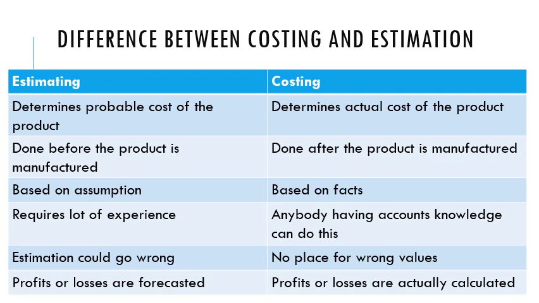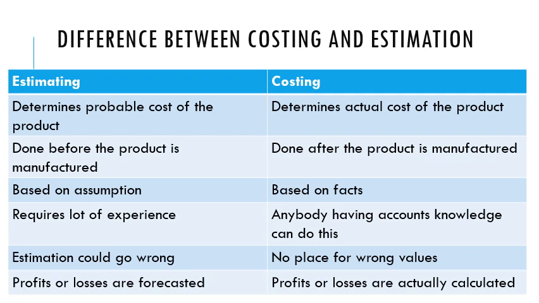Whereas costing takes all the allowances, everything in a very scientific way, and gives the actual cost of the product, while estimating is probable and approximate, and estimating is done before the product is manufactured, while the costing is done after the product is manufactured. And estimating is based on assumptions, while costing is based on facts.